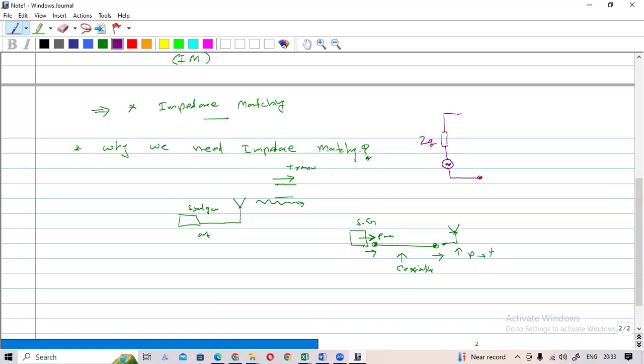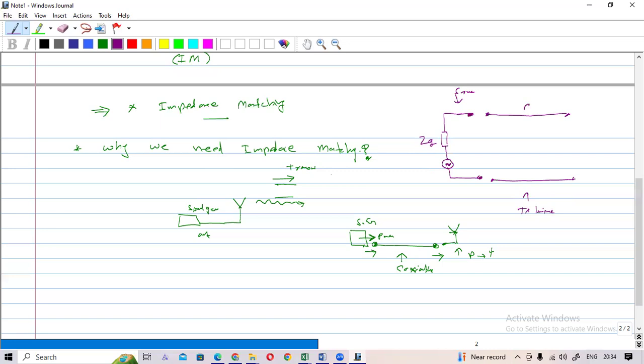And this is our source. So here we have a transmission line like this. This is the transmission line.